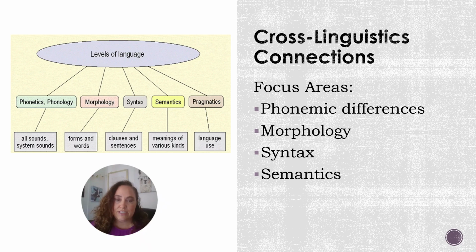So just wanting to review those areas and the differences in those areas. Just as a definition, phonemic differences are those fundamental sounds of words. And it is important how emergent bilinguals, EBs, are able to hear the differences and the similarities of each phoneme in English.